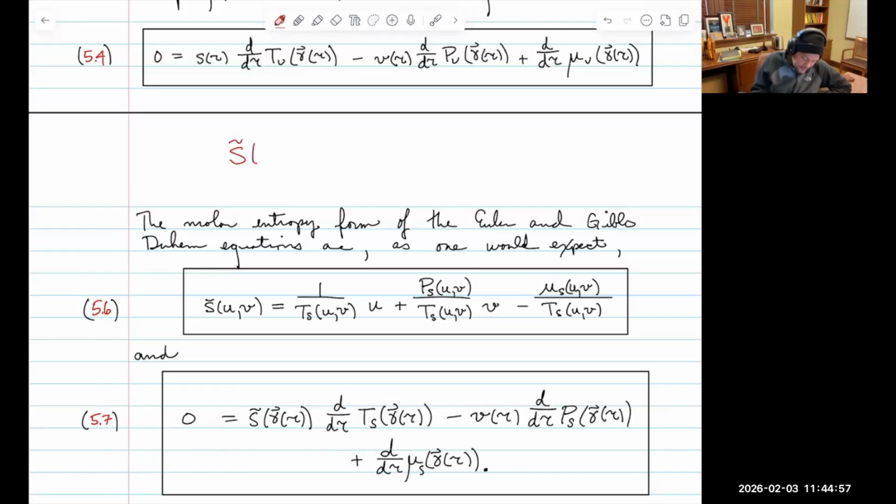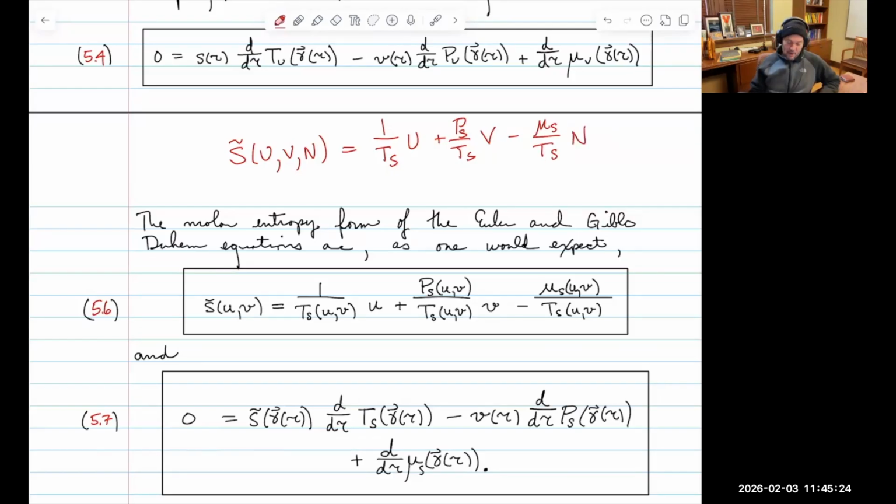So that is S(U,V,N) equals 1 over T(S) times U, I'm going to leave off the individual variables here just to make life easy, plus P(S) over T(S) times V, and minus mu(S) over T(S) times N.